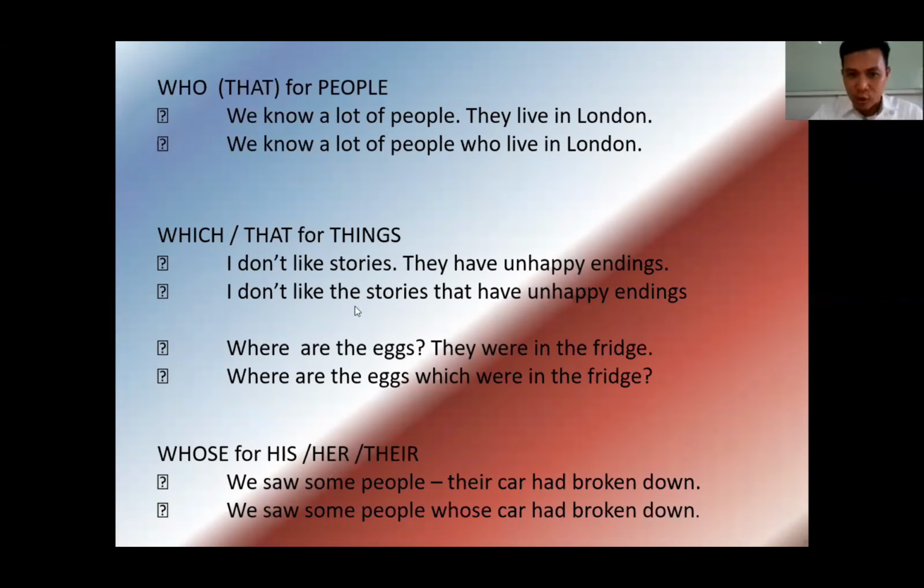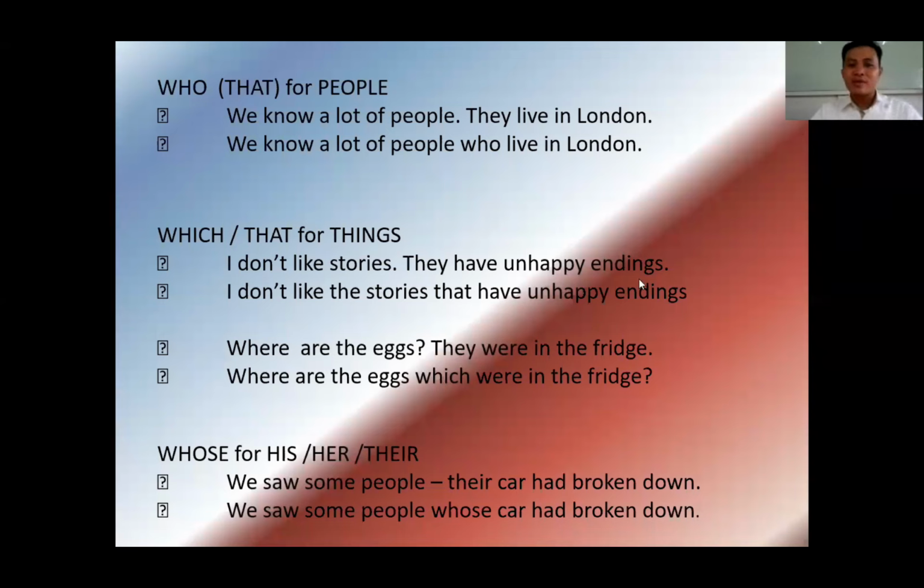"They" refers to stories, and because it is replaced by that already, you don't need to put "they" here. So "they" is replaced by "that" here, and it could be which because stories is a thing.